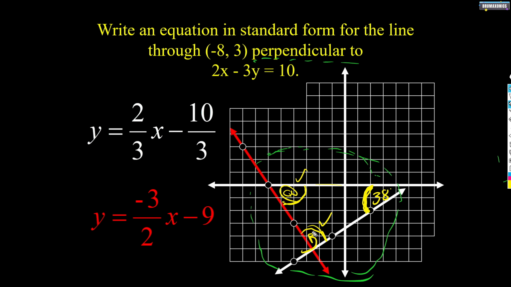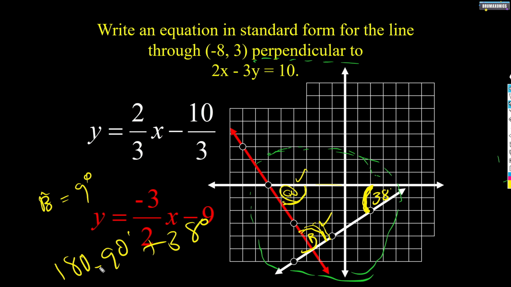Then you just have to know that the first one that you should go for is actually the 90 degrees, so the angle at b is actually 90 degrees, and then you add 38 degrees and subtract that from 180, because this is your 180, right? So the final answer that you're going to get will be for this one. They won't actually tell you. You just have to figure it out by yourself.